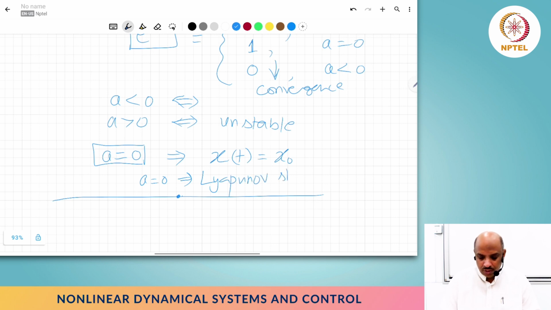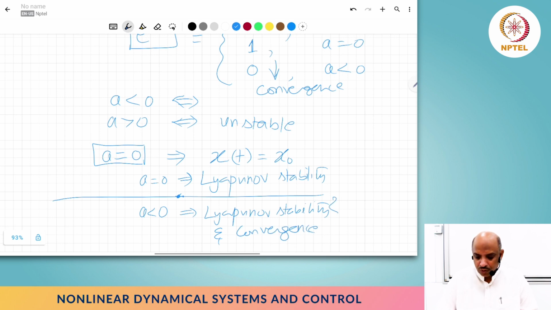And furthermore, if a is less than 0, if you are starting somewhere, it's not going to wander off, it will just directly go to 0. It will have Lyapunov stability, so it remains bounded close to the equilibrium, and convergence, right? So that gives us asymptotic stability. So what does this mean?